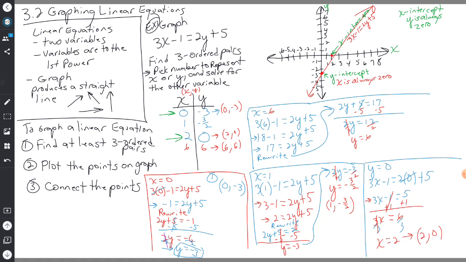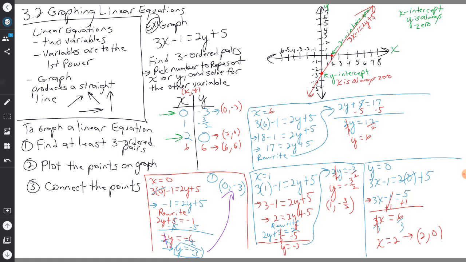So y is equal to negative 3 at that point. And then we can make our point here. We started out with letting x equal 0, comma, we found out that y was equal to negative 3. So that's one point that we can use to plot to graph.